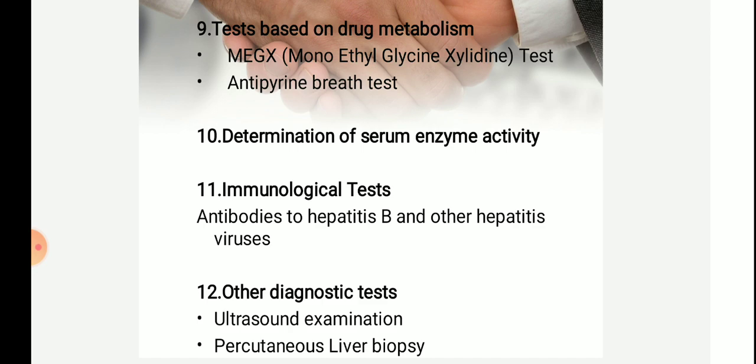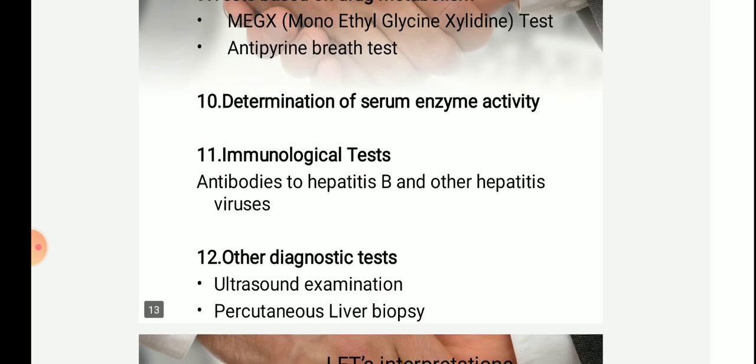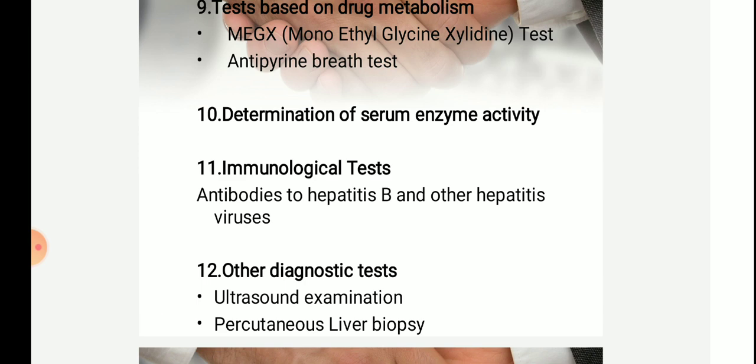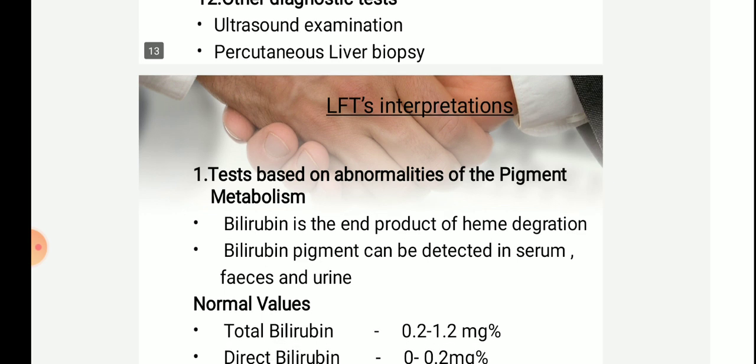So we'll deal with that. Other diagnostic tests could be ultrasonography and percutaneous liver biopsy. The biopsy is always the gold standard for a diagnosis, in correlation with biochemistry, for any kind of liver disease or liver ailments.